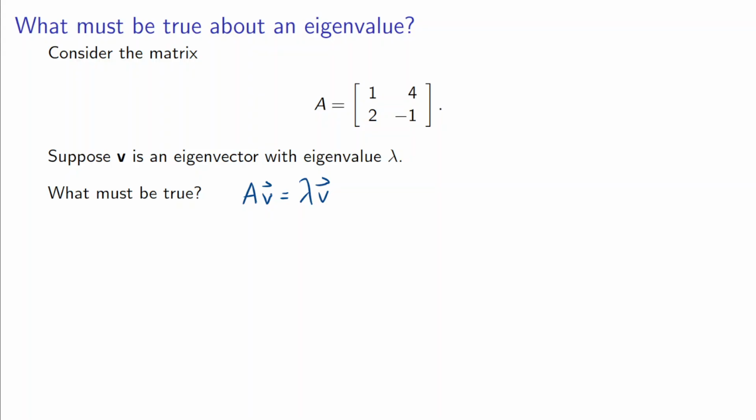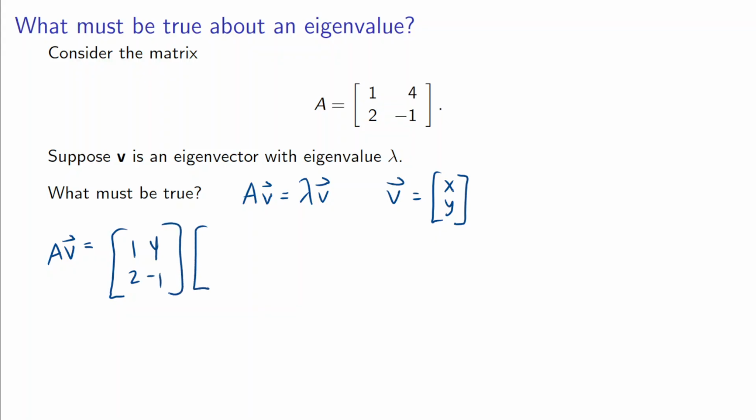Let's suppose that v was a vector in R2, let's just let it equal (x, y). So what does Av look like? That would look like [1, 4; 2, -1] times (x, y). Okay, and so that equals (x plus 4y, 2x minus y).